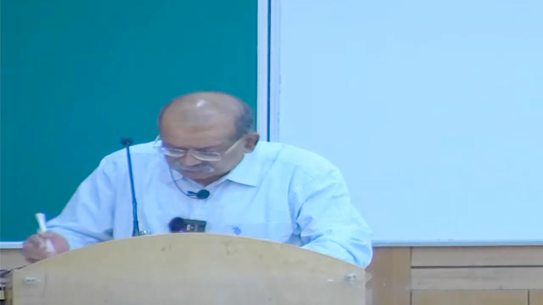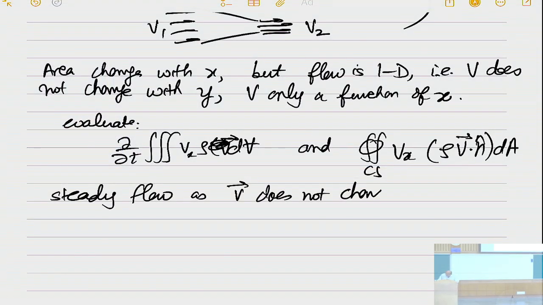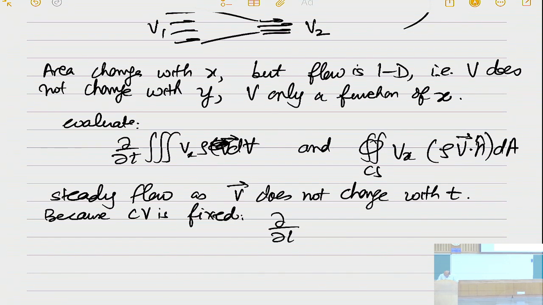So when I look at this situation, what I can say is that this is steady flow as V does not change with time. And because the control volume is fixed, d by dt of the integral of Vx rho dV will be equal to 0.